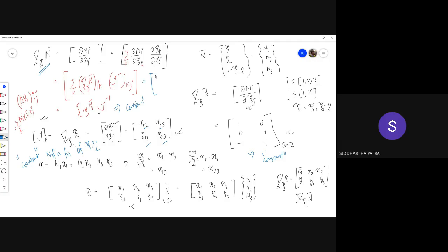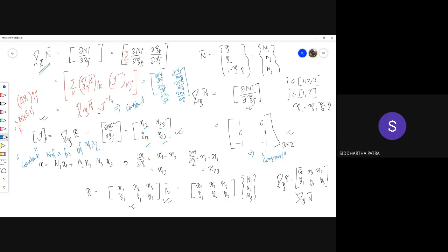Each term would look like this. First one is ∂N1/∂x, then ∂N1/∂y, then ∂N2/∂x, then ∂N2/∂y, and then ∂N3/∂x and ∂N3/∂y.